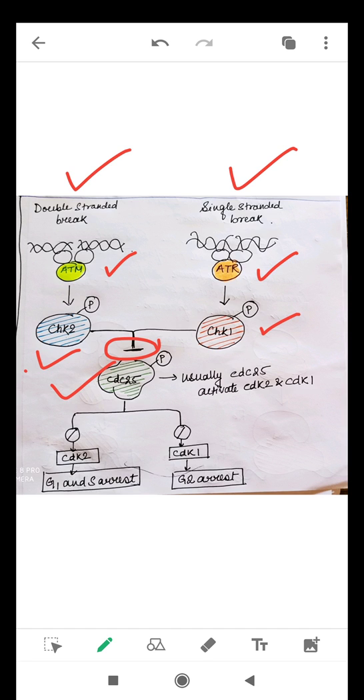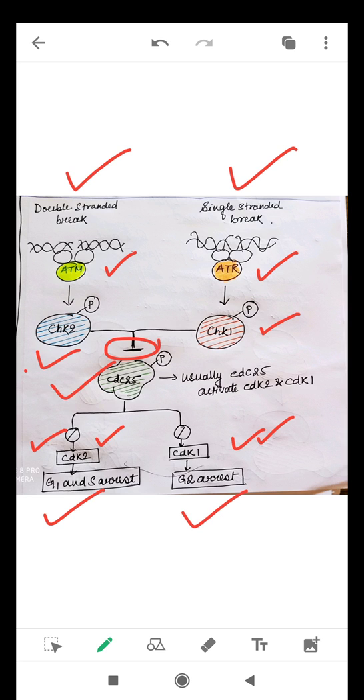Why? Because CDC25 in its activated form will activate CDK2 and CDK1, and they will result in progression of the cell from G1 to S and G2 to M. So if CDC25 is deactivated, it will inhibit the activation of CDK2 and CDK1. And as this CDK2 and CDK1 activation is stopped, there is a G1 to S arrest by CDK2 and G2 arrest by CDK1.